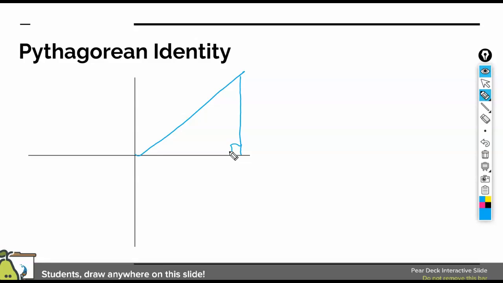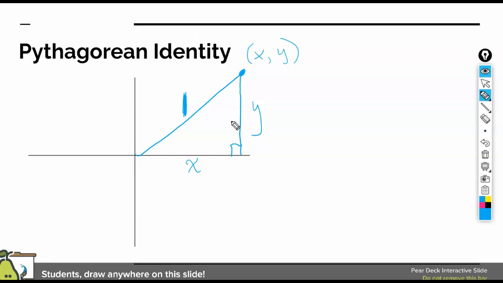And one of the things that we talked about in Math 3 is that, especially for the unit circle, when we think about the hypotenuse just being 1 unit, the x value of this point and the y value of this point that the terminal side falls on become the side lengths of that right triangle.